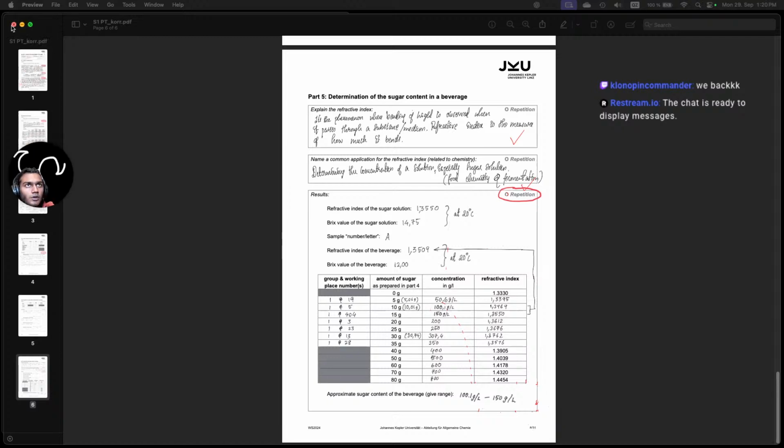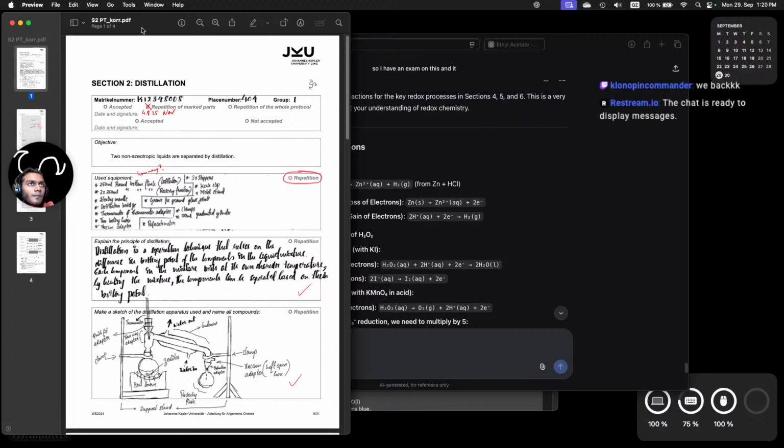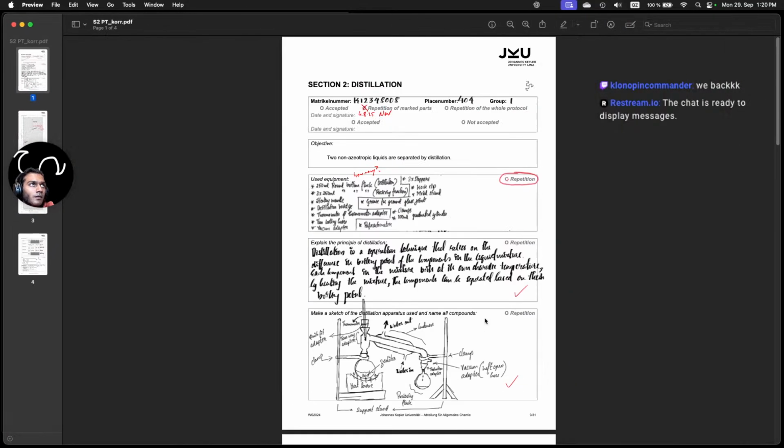Read the first one. Second one. Distillation.